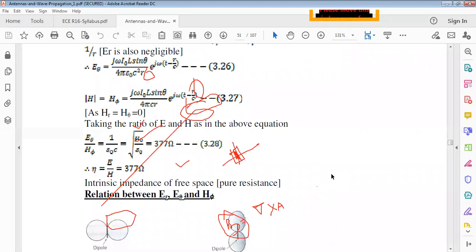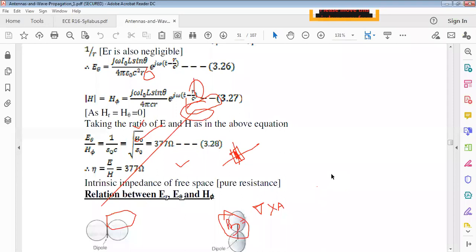Here, especially in free space, when we consider those field components E and H, the relation is E by H equal to square root of free space permeability by permittivity, mu naught by epsilon naught. Mu naught is 4 pi into 10 power minus 7, and epsilon naught is 8.854 into 10 power minus 12.